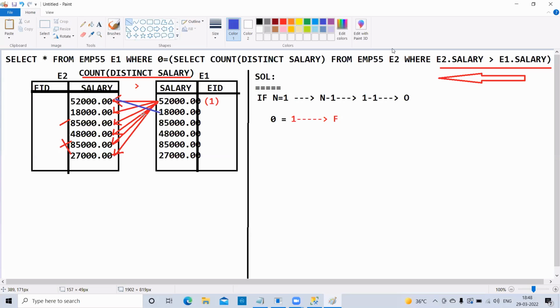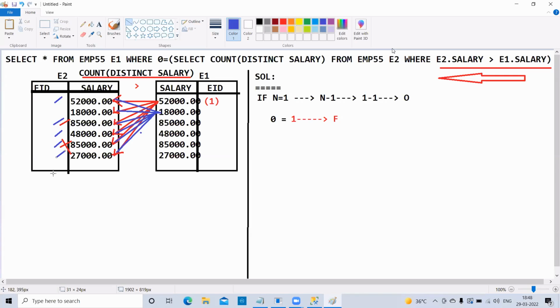18,000 above, how many values are there in my E2 alias table? 18 above: 52, 85, 48, 85, 27. So total 5 values are there.